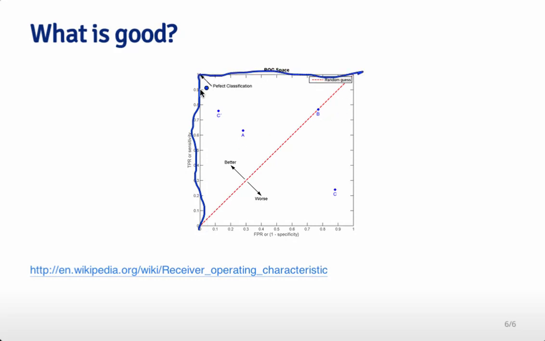So that curve represents a perfect classifier when it goes straight up to this corner. The farther you are towards the upper left-hand corner of the plot, the better the ROC is. And the farther you are down to the bottom right-hand corner of the plot, the worse the ROC is. So points or graphs along the 45-degree line or below are considered pretty bad, and you want your curve to go as straight up towards this top left-hand corner and over as much as you possibly can.